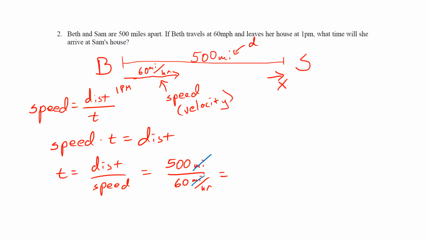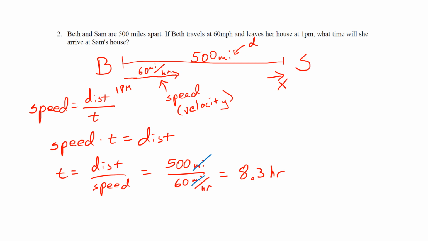So 500 divided by 60, that gets me 8.3. These all have one sig fig, but we'll just say 8.3 hours. Okay.